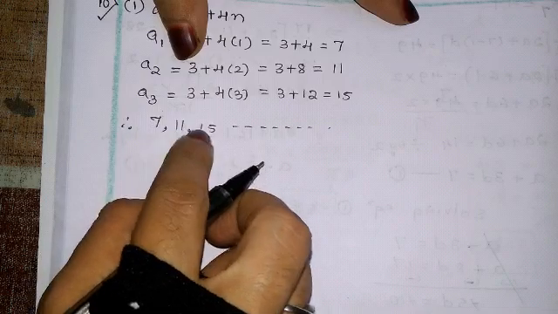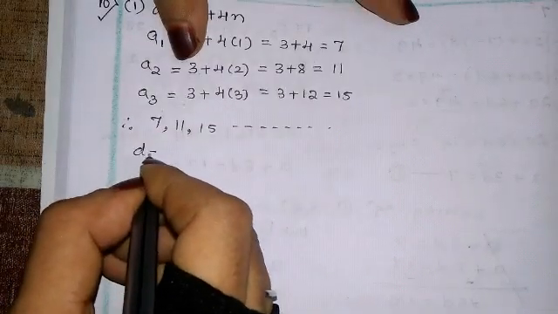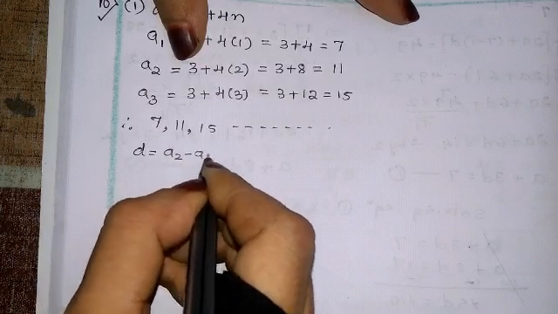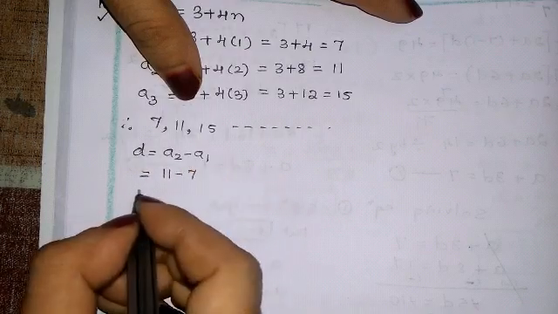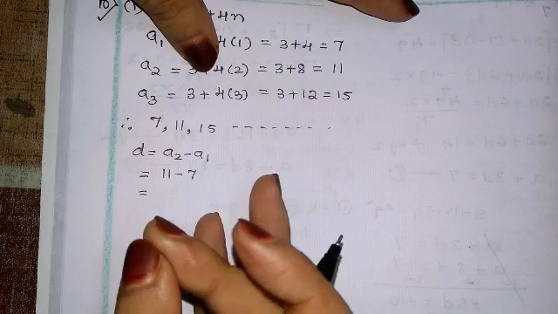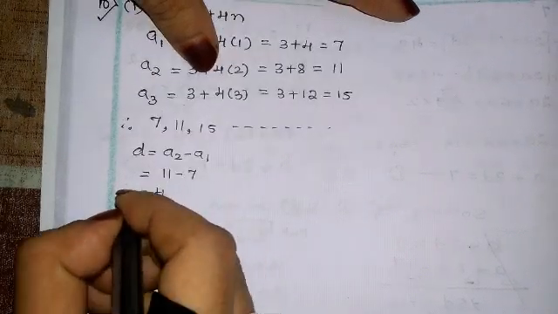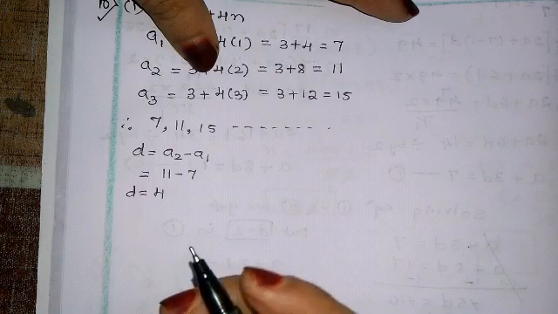If the difference is constant then it forms an AP. Okay, first difference we will find. D is equal to A2 minus A1, 11 minus 7. 11 minus 7 is 4. First difference D is equal to 4 we got.